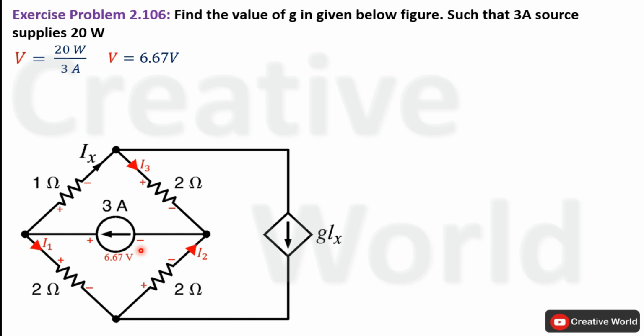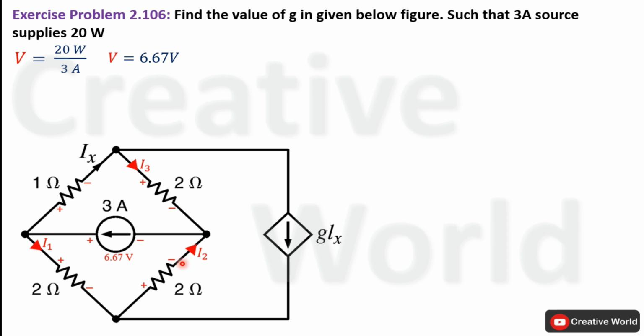Now for further solution of this problem, we have to assume the directions of currents through these branches. Current through this branch is given with its polarity, that is labeled as Ix, and it is flowing from this node to this node. Remaining branch currents are assumed with their polarities. Current through this branch is I1 and it is leaving from this node.